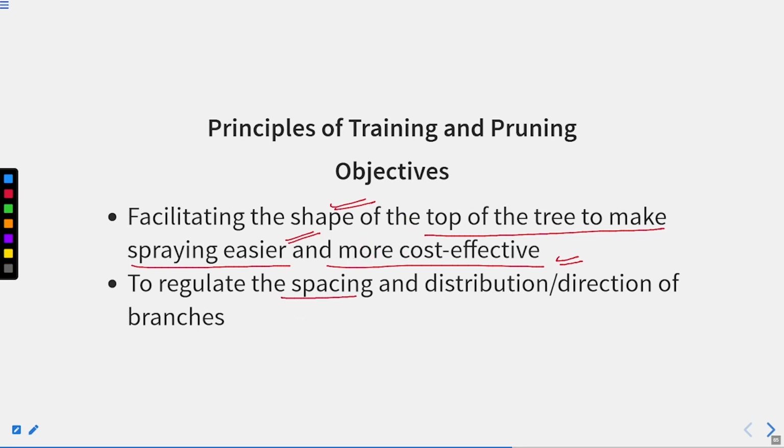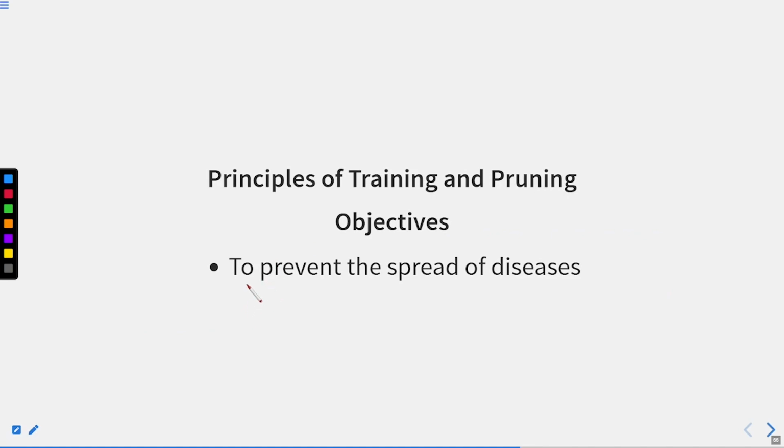To regulate the spacing and the distribution, that is, the direction of branches, that is also the objective of pruning. To prevent the spread of disease, yes, the spread of disease can be stopped by the process of pruning.